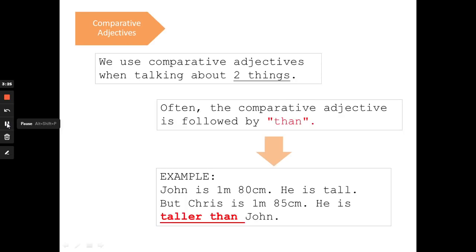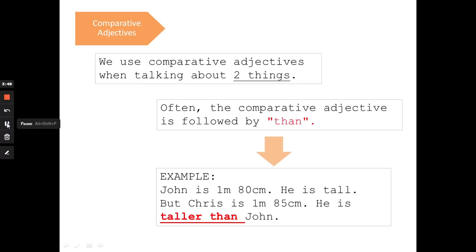As mentioned before, the comparative adjective is used when we want to compare two things. And you need to remember that the comparative adjective is normally followed by the word than. For example, in this sentence, you can see John is 1 meter 80 centimeters.